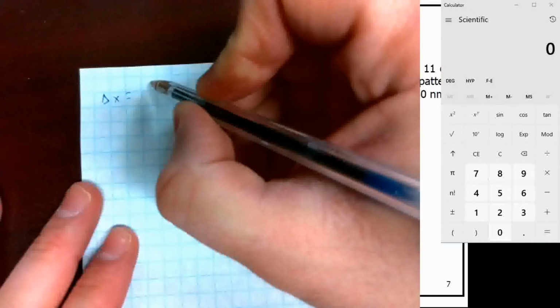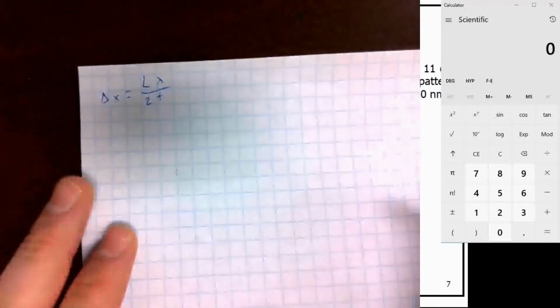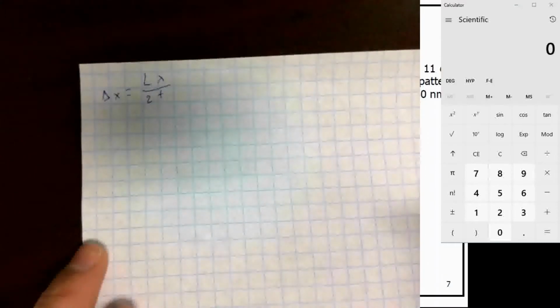Okay, so in order to solve this, what I'll need to do is I'll write down my air wedge equation. Delta x equals L lambda over 2t, which is our thickness. And I will then start to substitute. I'm looking for the separation between the slits, so that's the delta x.